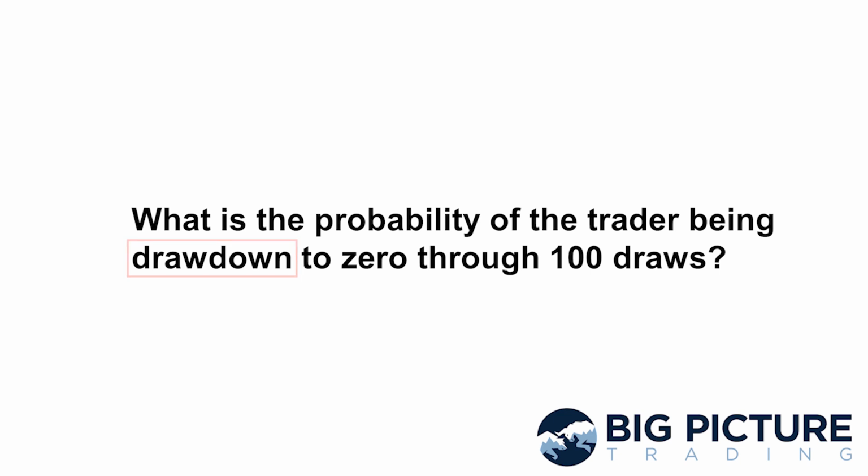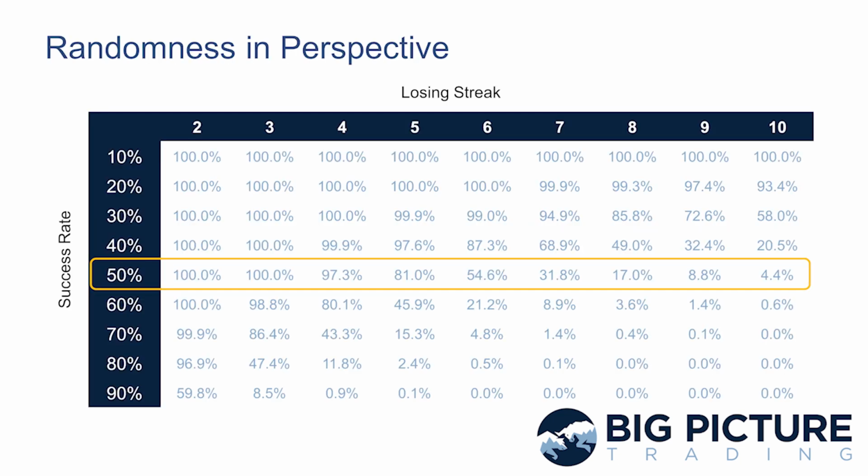I have a matrix here that says, if we had no better than a 50-50 success rate in our trading, what is the probability out of 100 draws that there could be 5 sequential losing trades in a row? We'll go to the 5 column here.